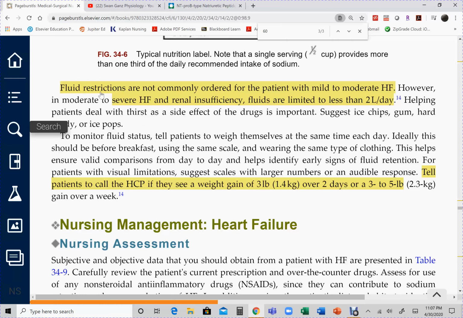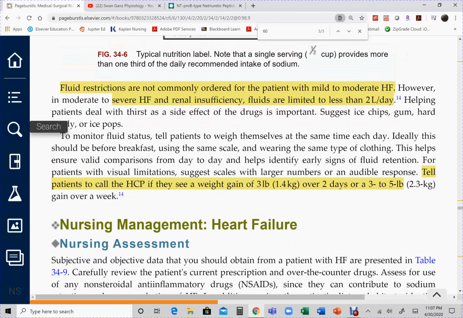As far as fluid restrictions, the patients are already on a considerable amount of diuretics, so there's really no need to restrict them. However, if they have a comorbidity of renal insufficiency, meaning they have some degree of kidney damage also, then we have to limit them to 2 liters a day.